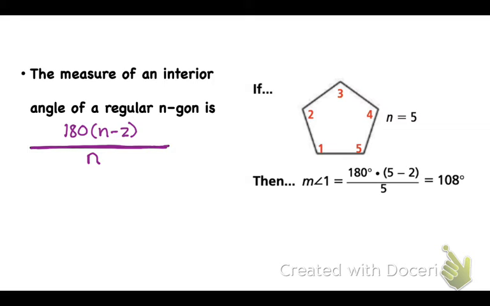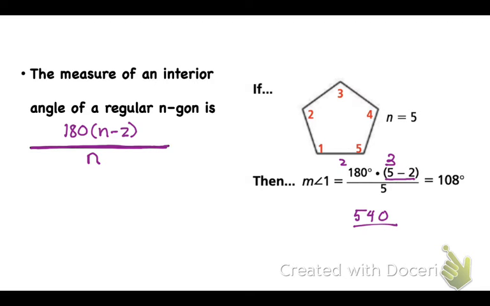So if I have a pentagon, I have 180 times the number of triangles. So 5 minus 2 is 3. So 180 times 3 is 540.